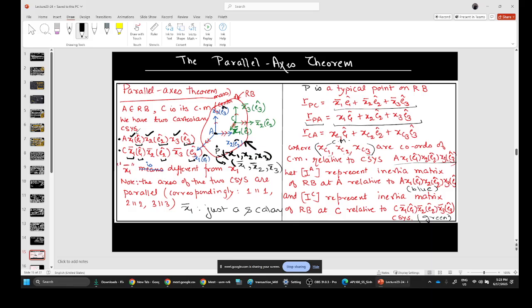So it is the same RB, but I am talking about the inertia matrix at two different points. Not only at two different points, I am also talking about the inertia matrix relative to two different coordinate systems. So IA and IC are such matrices.